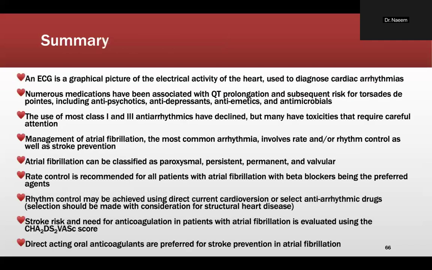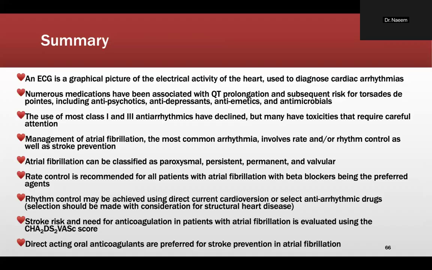And then here are just some summary points. We've covered so much during this lecture, a lot of details tied to everything. But again, hopefully my guide streamlines the information a little bit more. An EKG, as we reviewed, is a picture of the electrical activity of the heart used to diagnose arrhythmias.